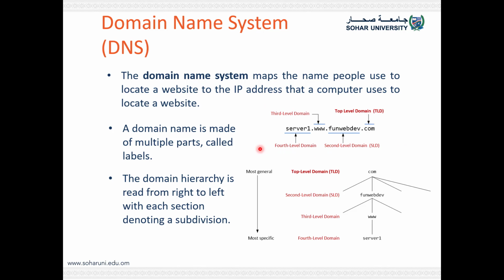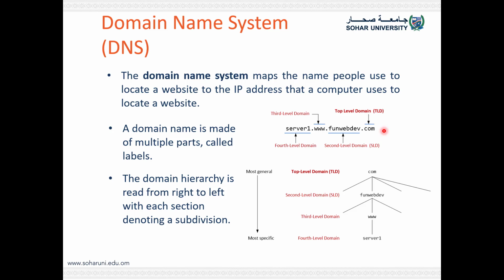Now, this domain name, as we can find in this figure, is divided into multiple parts, called labels or subdivisions. The domain name is always written from right to left. So we have the top level domain, which is, for example, .com, .om, .org, .net.